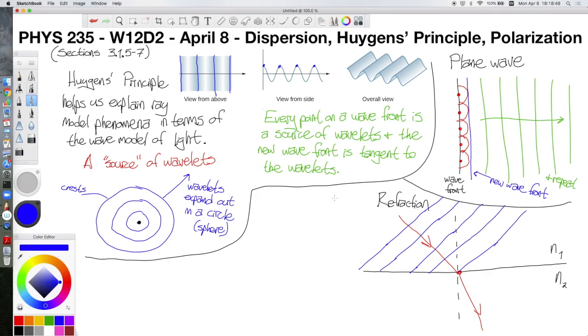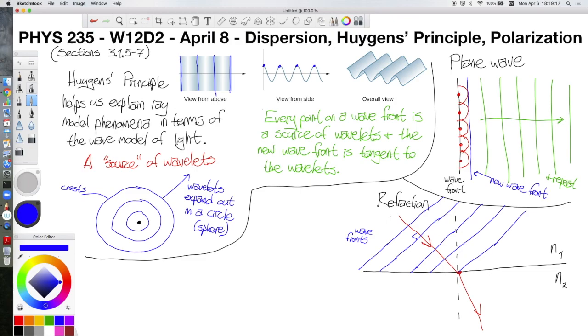The light ray comes in traveling along the direction of that red arrow, but our wavefronts are perpendicular to that. Another way of thinking about it is imagine these are like ocean waves. The ocean waves are parallel to the shore, but the waves are coming straight towards you. So if you drew a line along the crest of the wave, that would be perpendicular to the direction the wave is traveling.